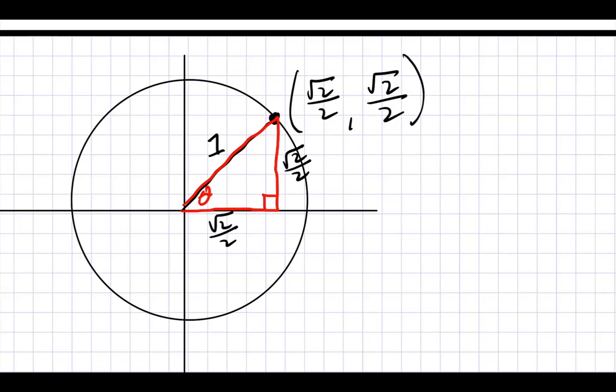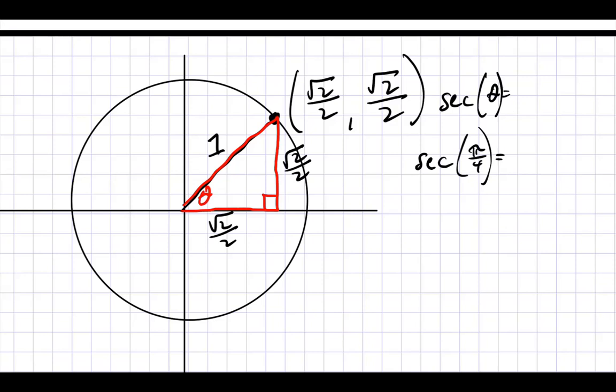Okay, so we got secant first. Secant of pi over 4. Well, let's talk about secant of any angle. Secant is the reciprocal of what?